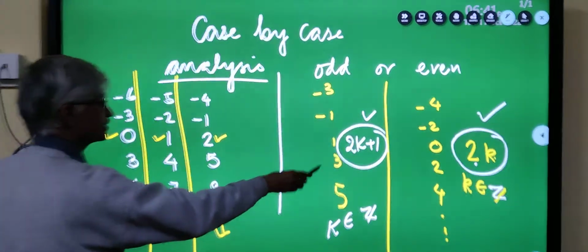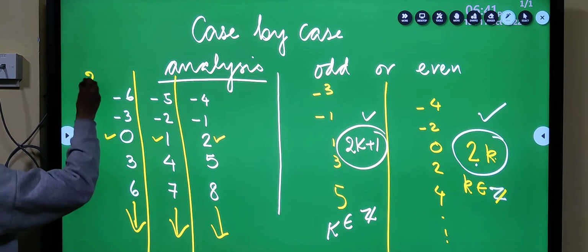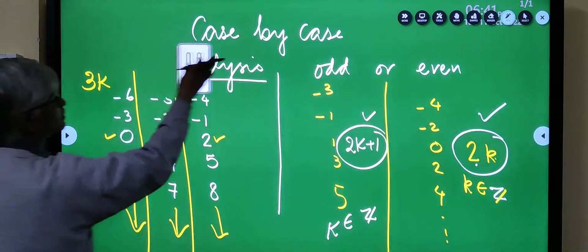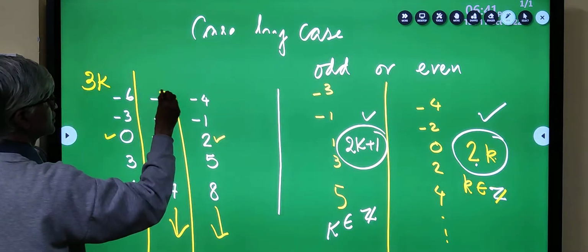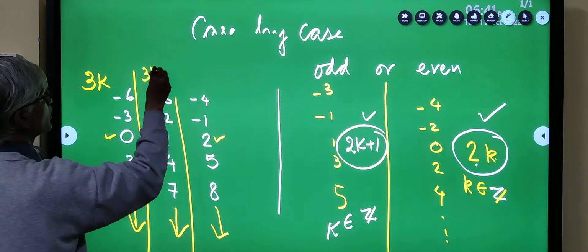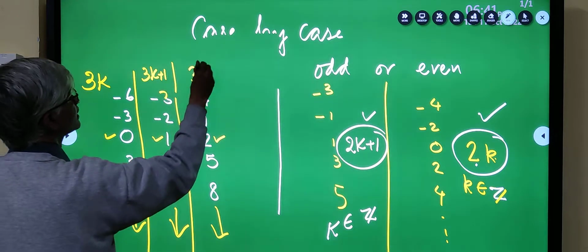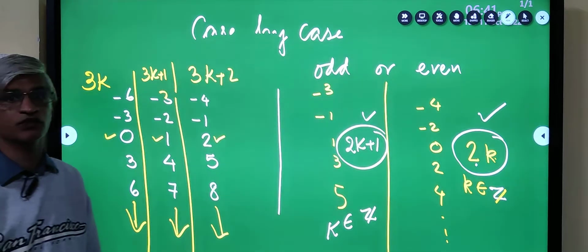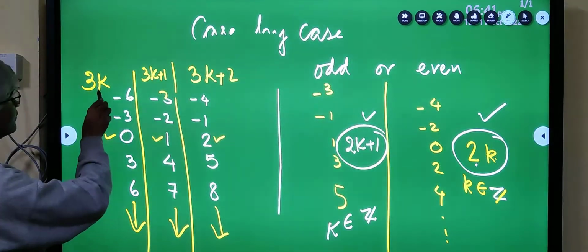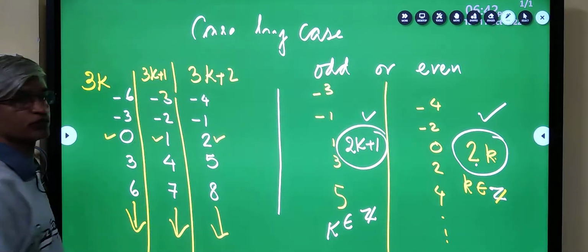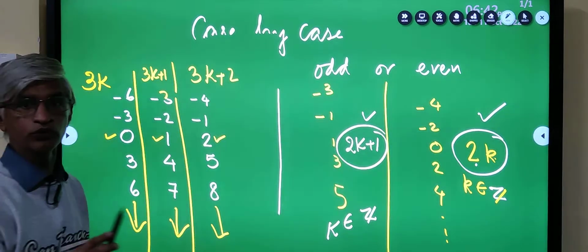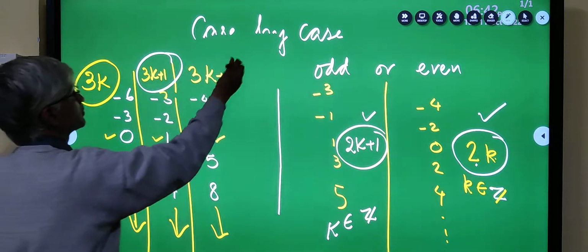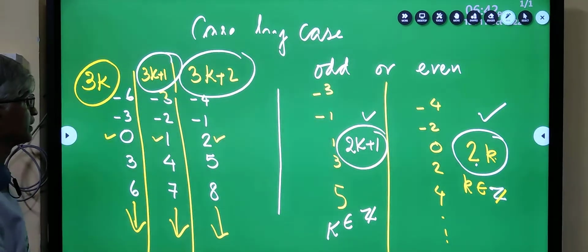And just like this, they are represented as 3k, 3k plus 1 and 3k plus 2. So these are the only 3 possibilities when you divide by 3: either you leave a remainder of 0, or 1, or 2.